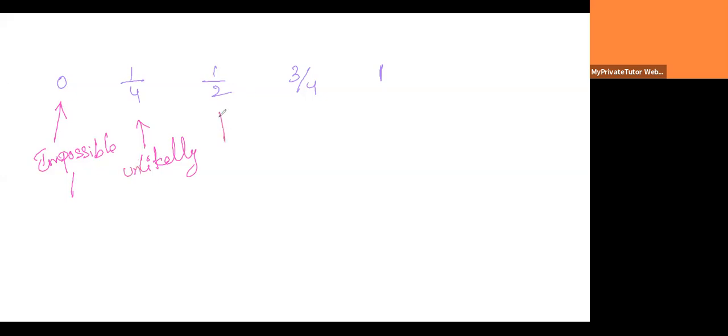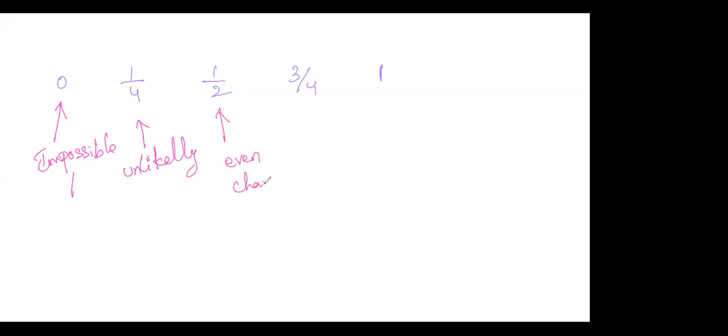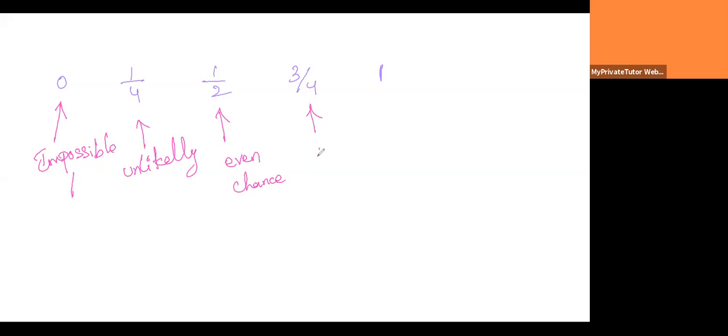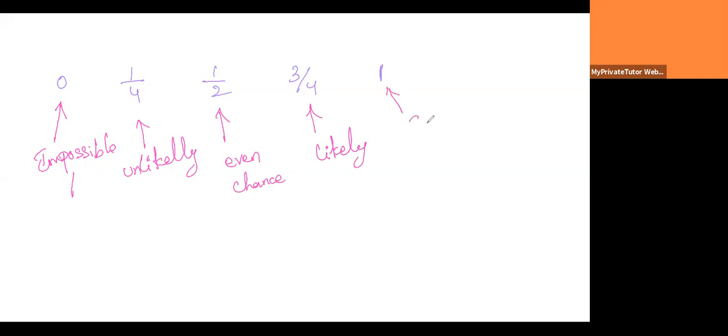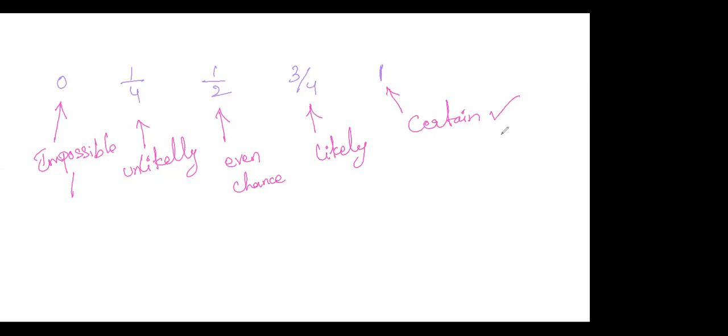Unlikely. 1 by 2 is nothing but an even chance. And what do you mean by 3 over 4? It is likely. Yeah, exactly. Because there is more chance of getting it. Yeah, exactly. 1 is 100% certain. Okay, so you will get this 100% no matter what. Okay, those examples. Yeah, yes, Anna.